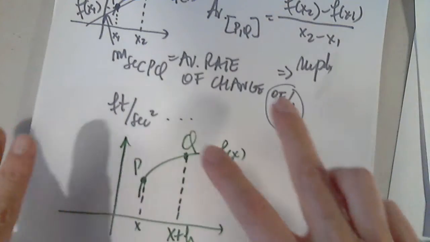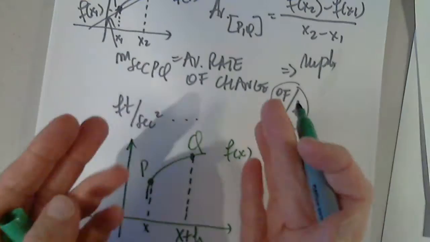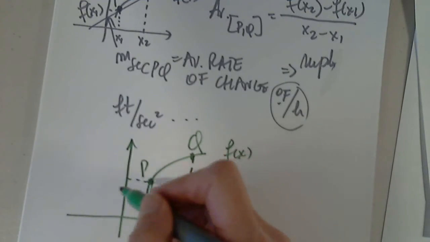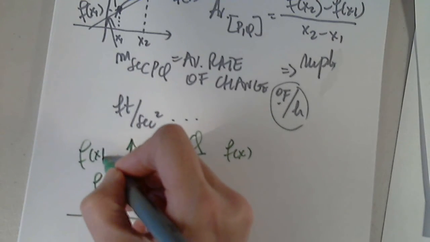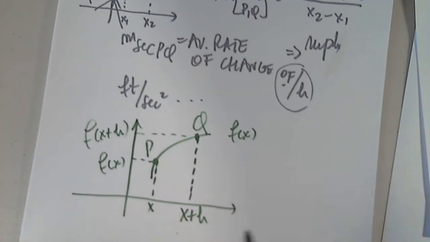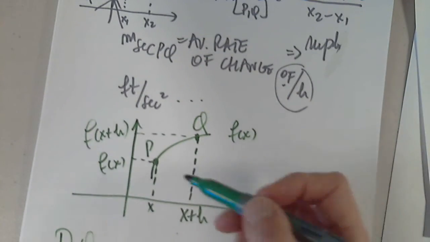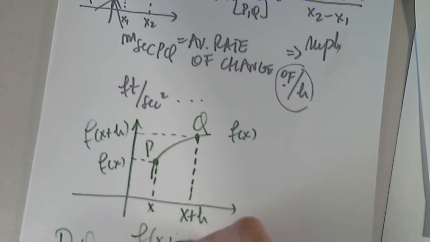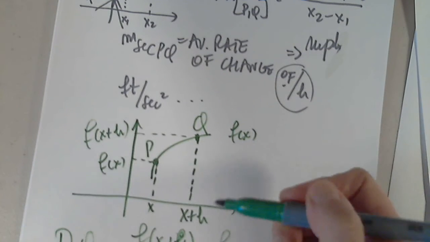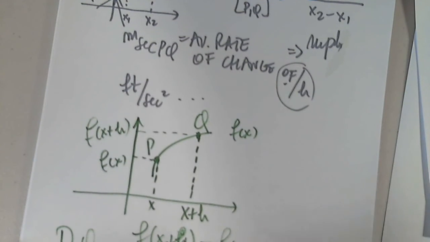I have to zoom in so I can explain what I'm doing, but they're close to each other. And this is, of course, f of x. And yes, you already told me when we looked at this, this is a difference quotient. Rate of change between P and Q. So f of x plus h minus f of x, divided by x plus h minus x, which we know the result is h.